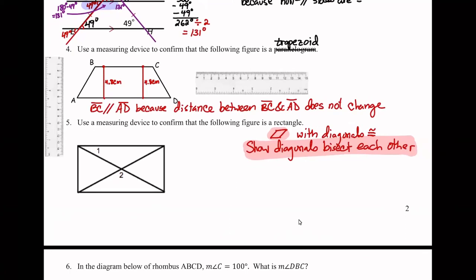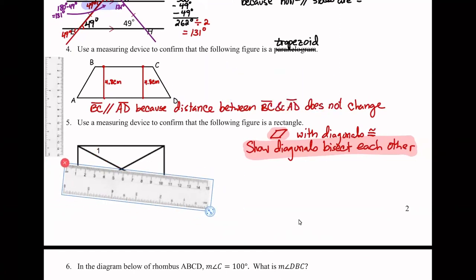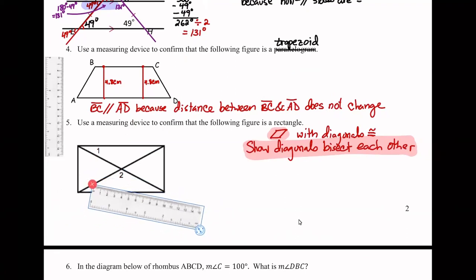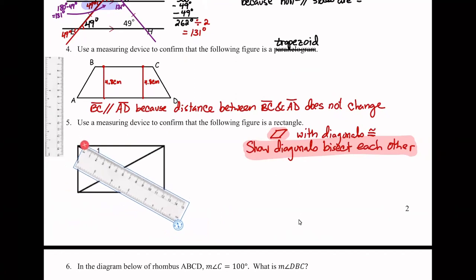All right, so I'll take my ruler and get a little length here. You know what? It really doesn't matter. Get my ruler on there. All right, the way I have it set up, it's about 12.5 centimeters. So then I need it to go the other way.